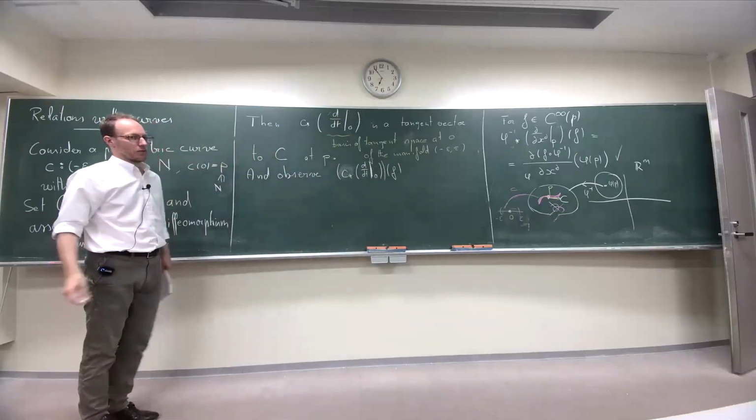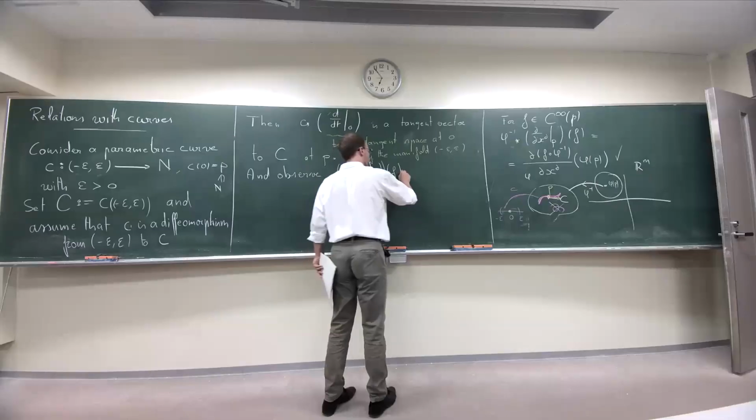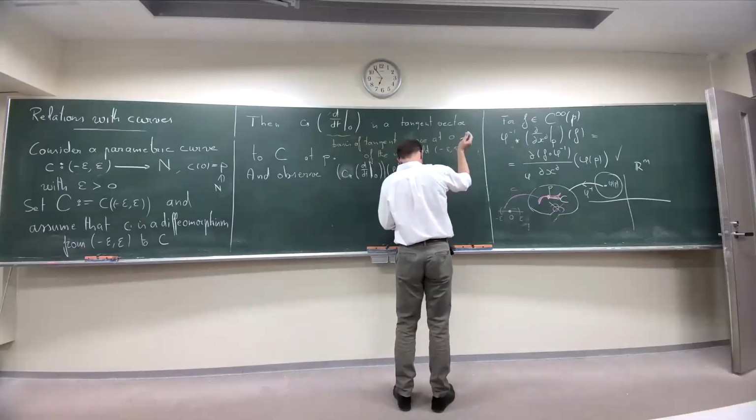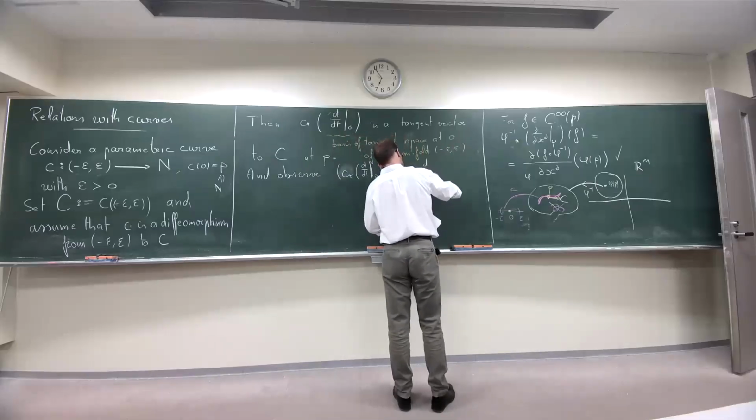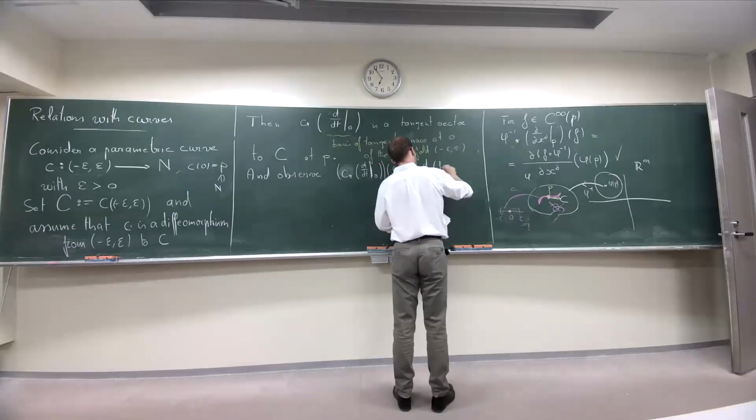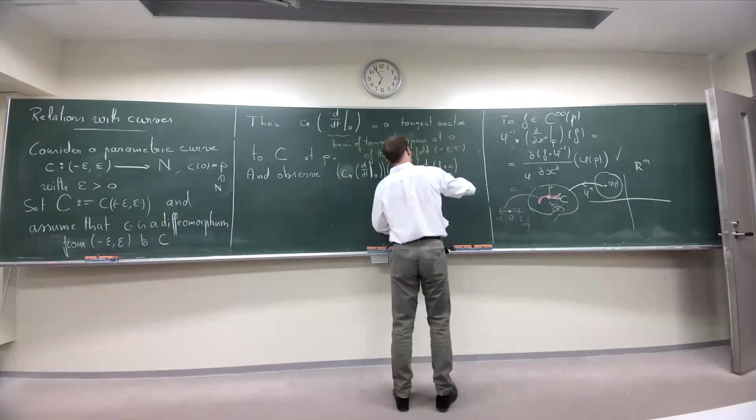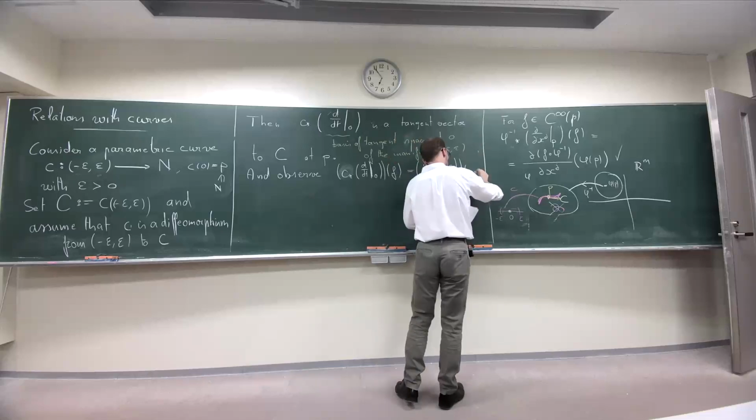I should apply it to a function defined on the manifold. If we just look at what we get, this is d over dt of F composed with C evaluated at 0.